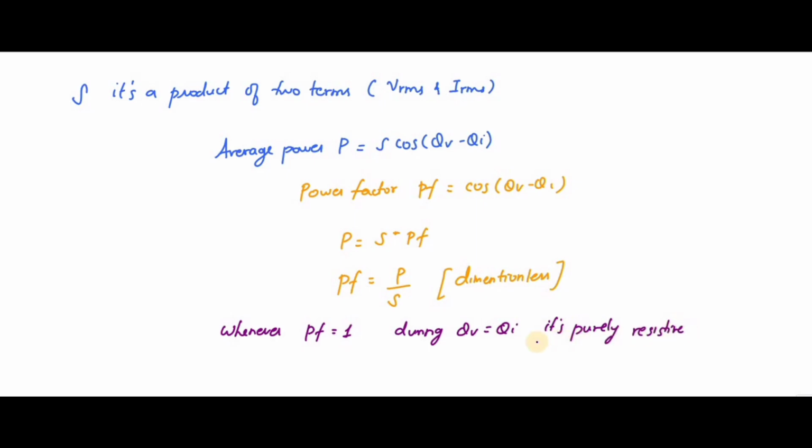If purely resistive, then del V is equal to del I, so I will get cos of 0. The power factor is equal to cos of 0, that is equal to 1. So during that time, apparent power is equal to average power.